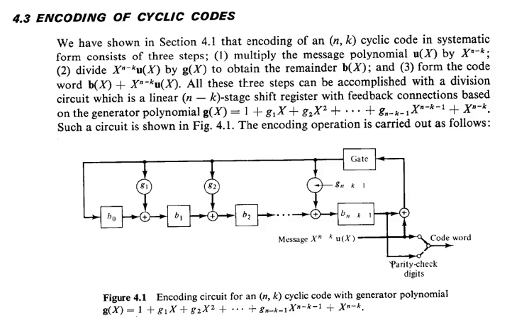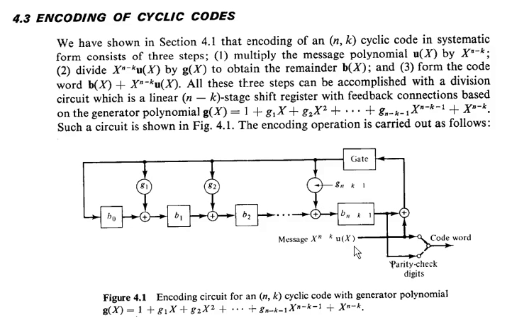We multiply it with x raised to n minus k, then divide x raised to n minus k u of x by g of x, and find the remainder. Then this remainder plus x raised to n minus k into u of x will be the systematic form of our message, our coded information. All 3 steps are done using a division circuit that consists of n minus k shift registers with feedback connection, as shown in this figure.